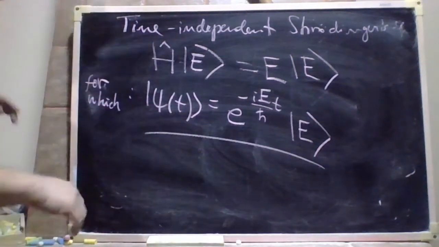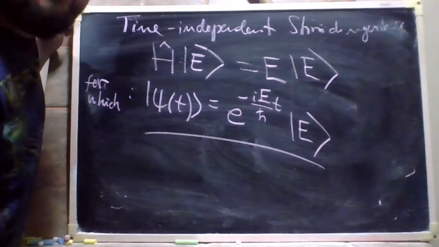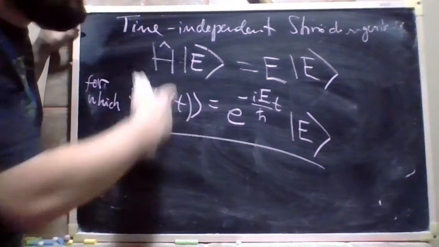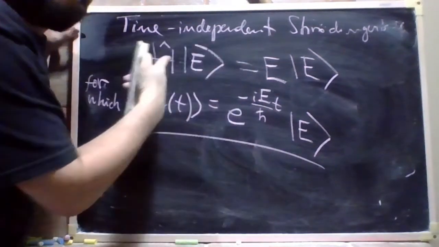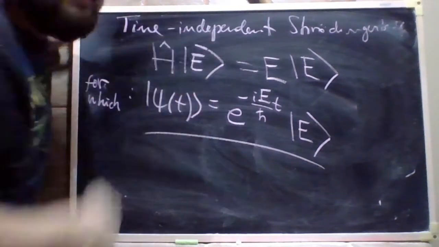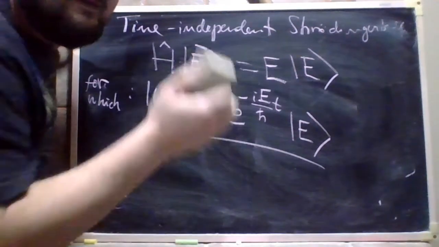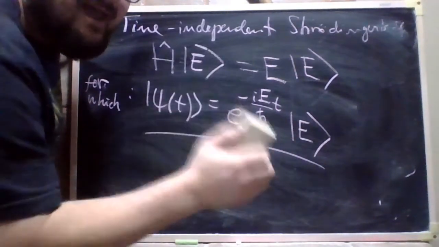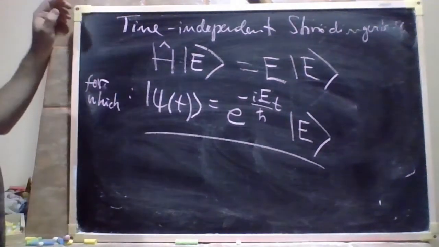So when you want to find the eigenstates of an atom, you need to find solutions for this Schrodinger equation, which is time independent. You are trying to find what the eigenenergy states are, the eigenstates of energy, right?